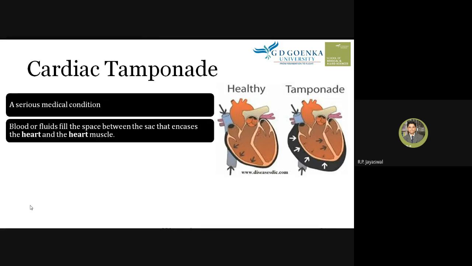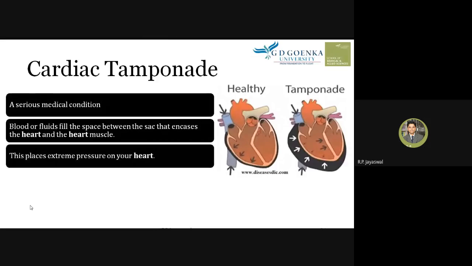Fluids are normally present, but there may be a large volume of fluid. This places extreme pressure on your heart.